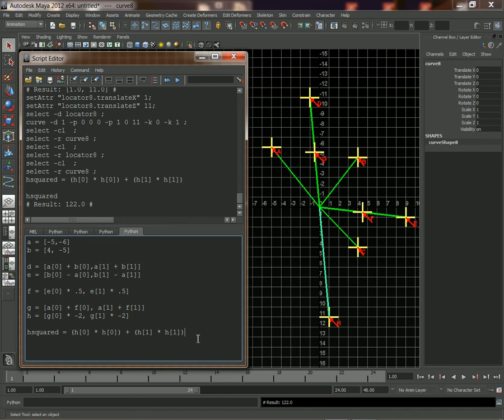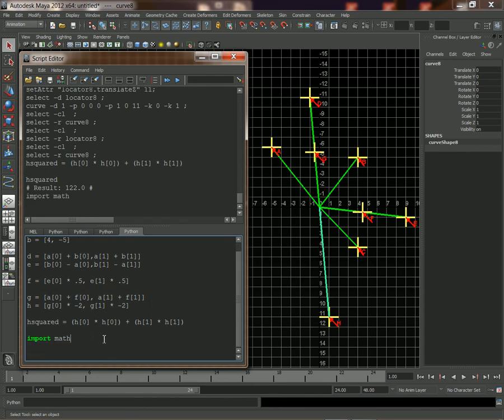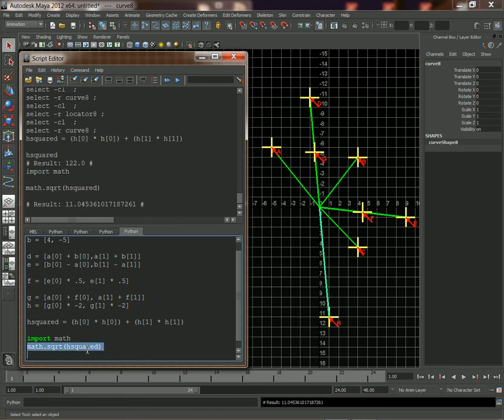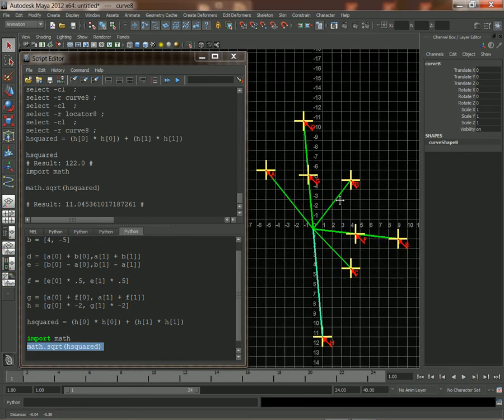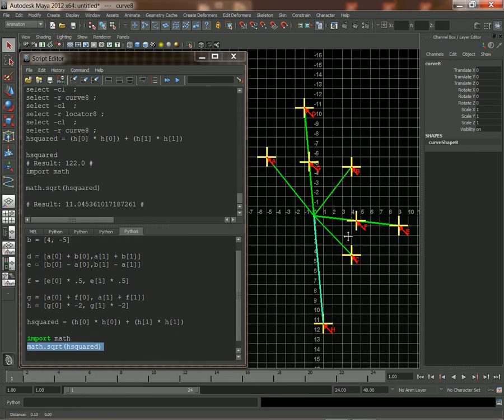So just for simplicity, since Python has this lovely math module, I'm going to import math, then go math.sqrt on H squared, and that gives me the length of this vector here, which is about 11 units. So that brings us to the conclusion of this segment.